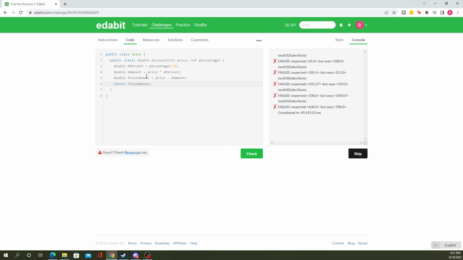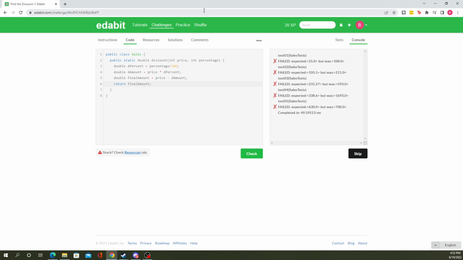And then our final amount is going to be price minus 75. Something's going awry here, but it would appear that this is becoming 0 for some odd reason.